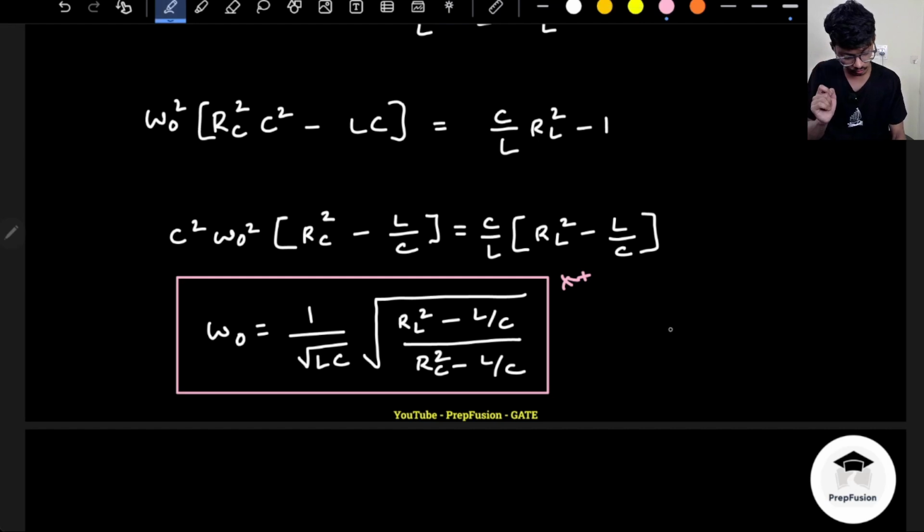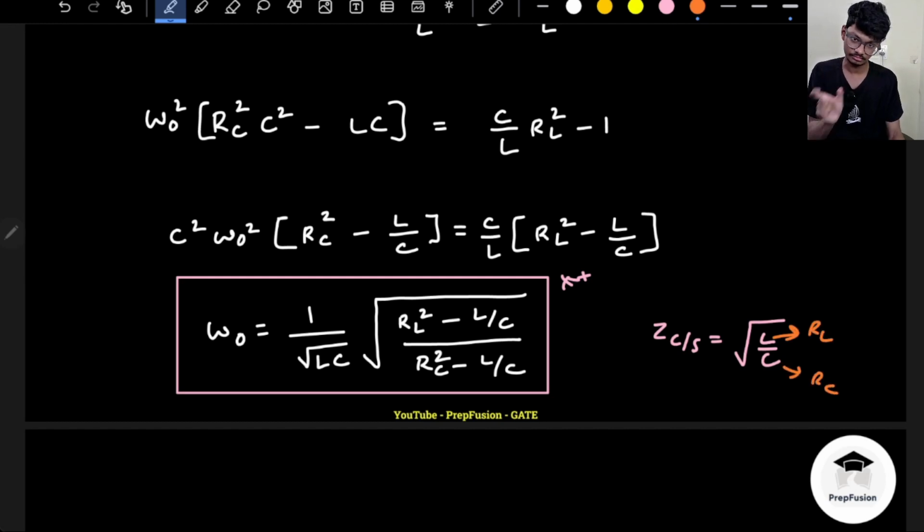Why? Because I have told you the characteristic impedance is generally L by C. So you remember it like this: in the top, due to this L, RL will come, in the bottom RC will come.